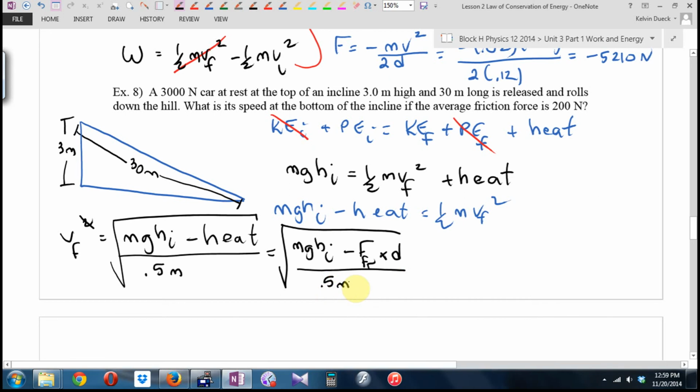I agree. Which distance, the 3 or the 30? It's got to be in the same direction as friction is acting. Which way is friction acting? Along the ramp or vertically? So, okay, it's going to be times 30.